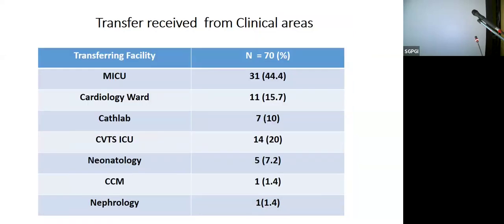This slide shows from where we received the patients in emergency. So the major chunk was from MICU, then cardiology ward, cath lab. The purpose of showing this slide is that these patients we took, optimized and then operated. While from NICU, as we are not as good at optimizing a neonatal patient, they optimized the patient and shifted to the CVTS.